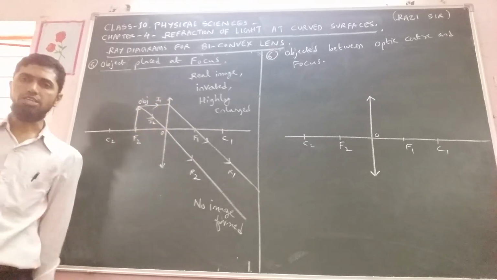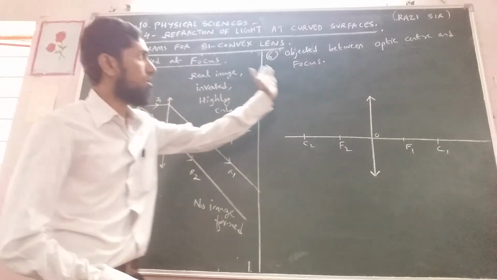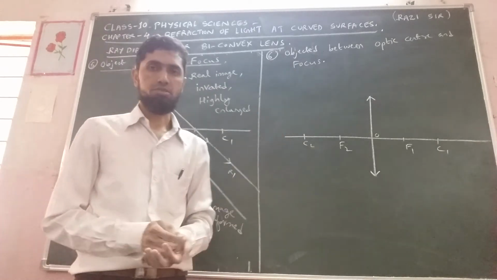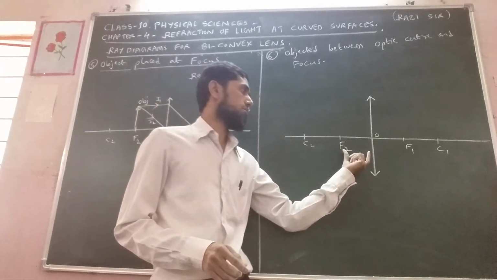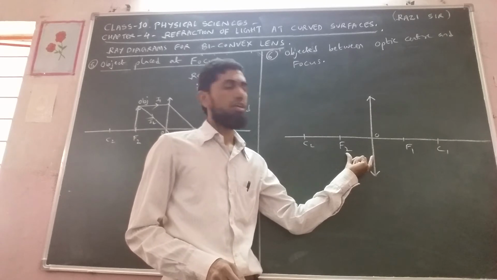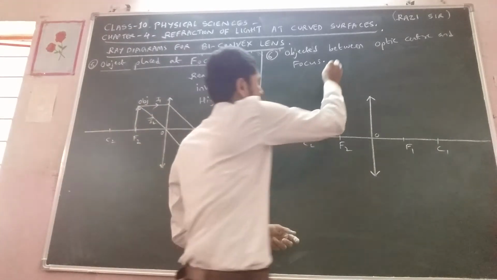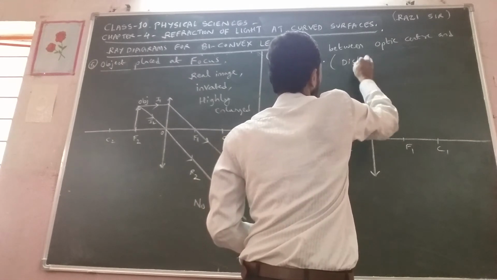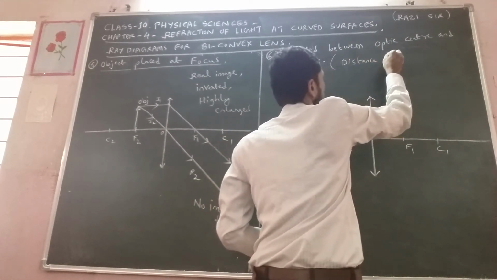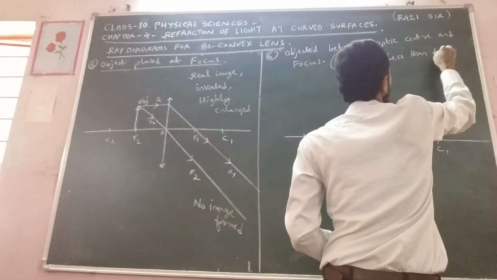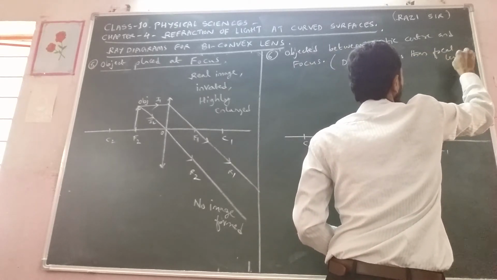Now the next one, last but not the least, when the object is placed between the optic center and focus. That means it is at a distance less than the focal length.